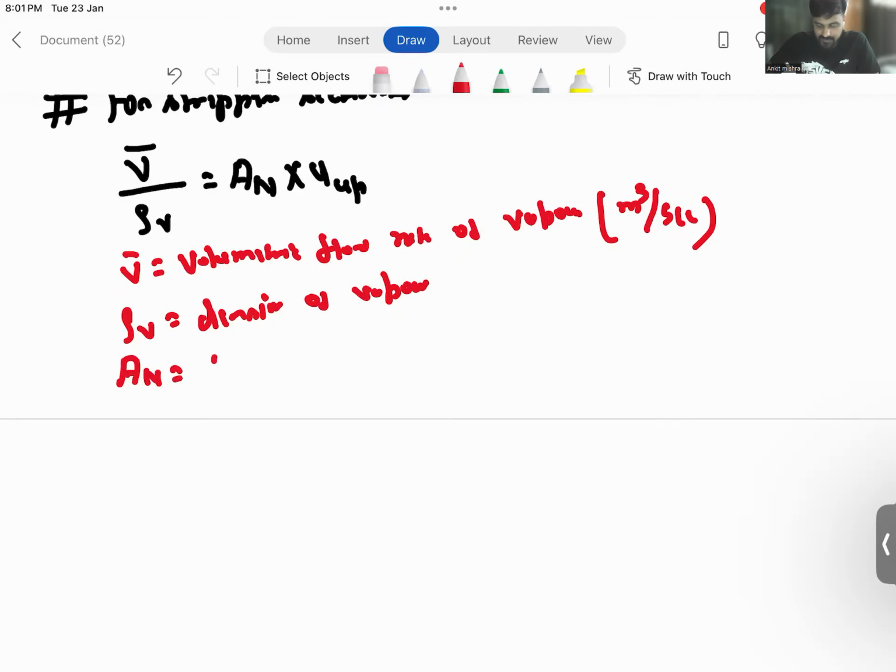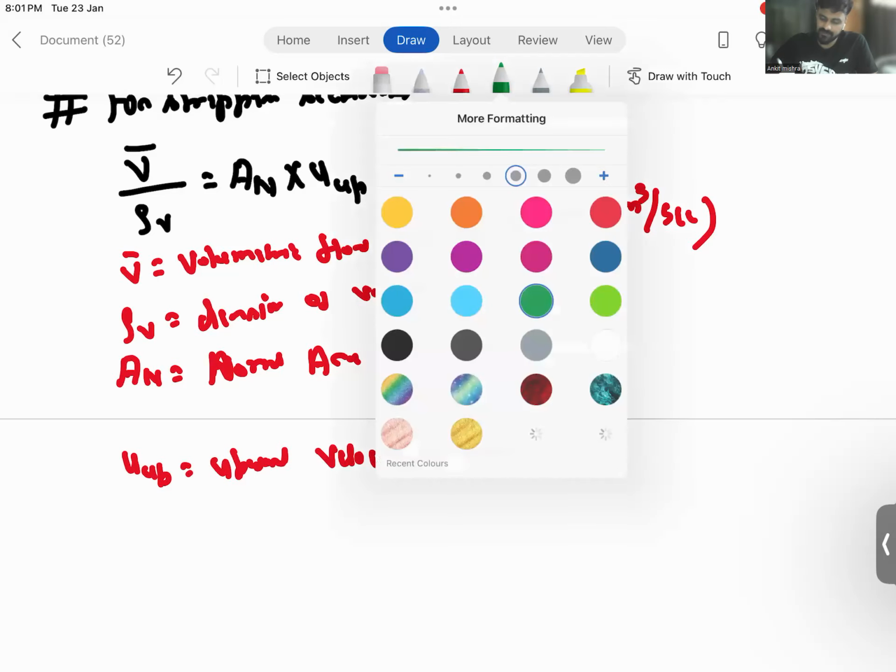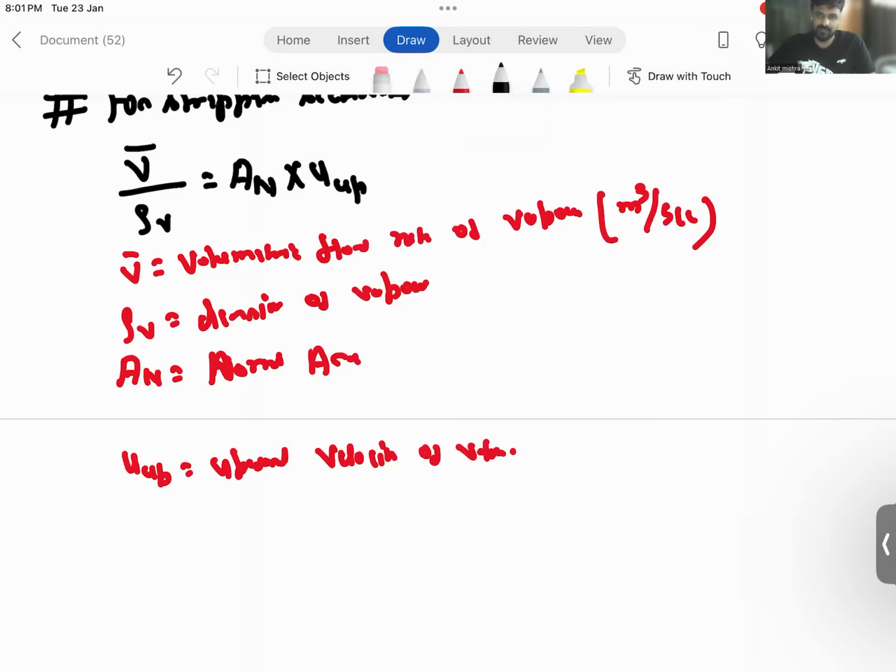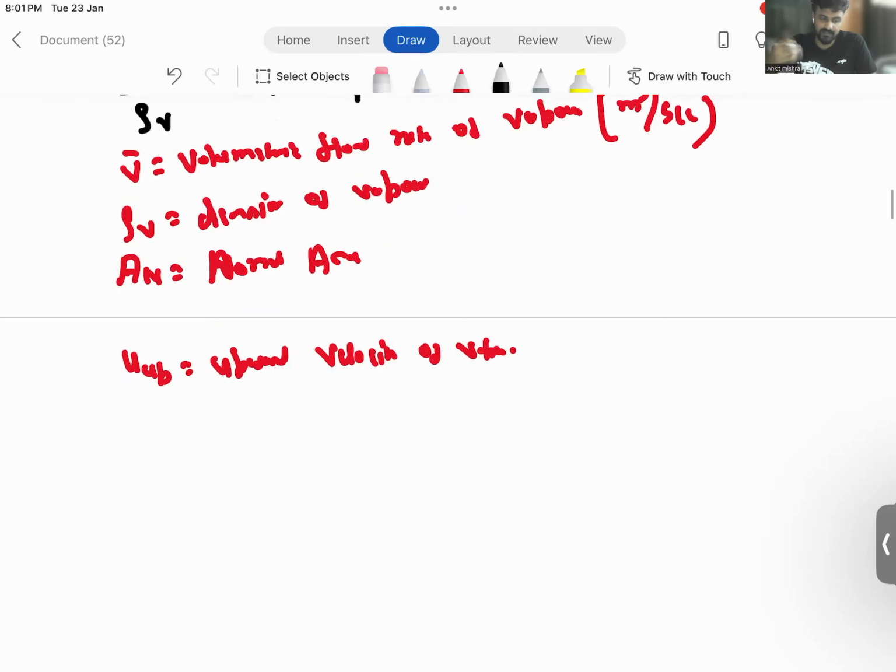A normal is, as I have told you earlier, the normal area, and UP is your upward velocity of vapor. So with the help of upward velocity, we are trying to find out the flooding velocity, U flooding.